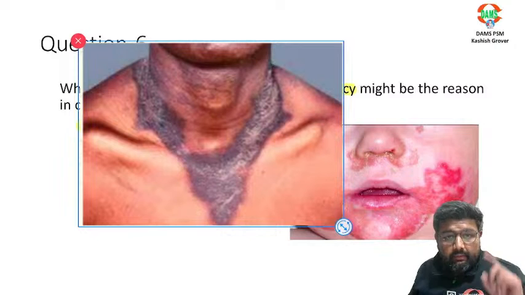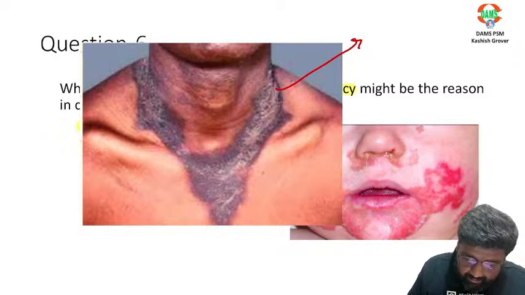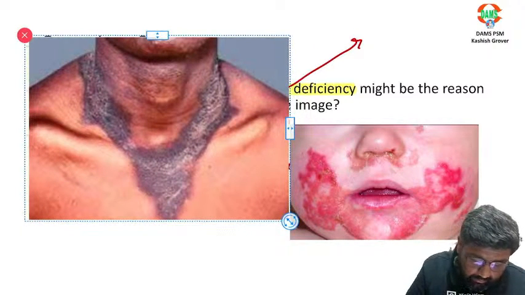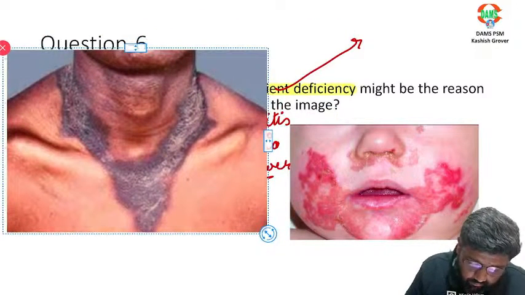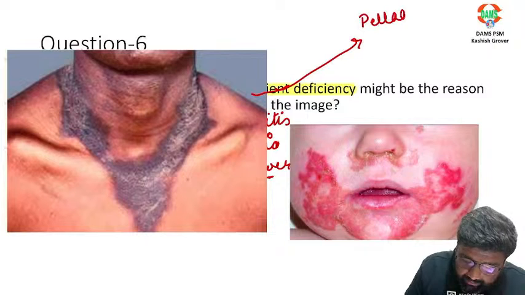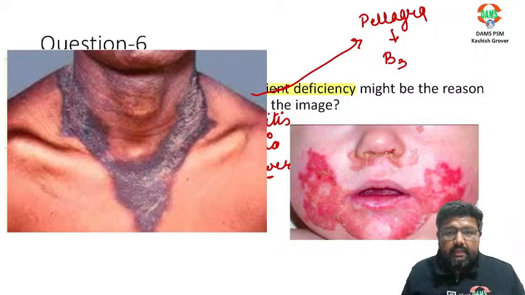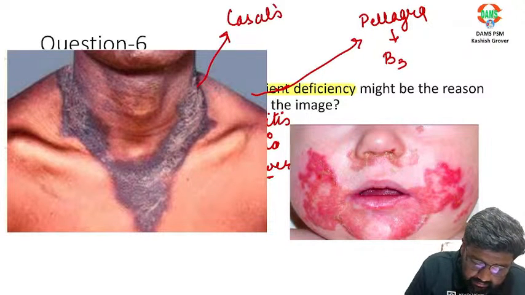This dermatitis is happening because of pellagra. What is pellagra? B3 deficiency. And the name is Casal's necklace.